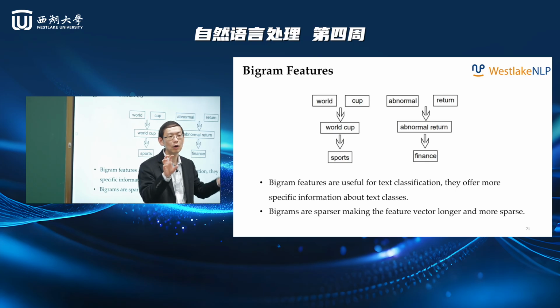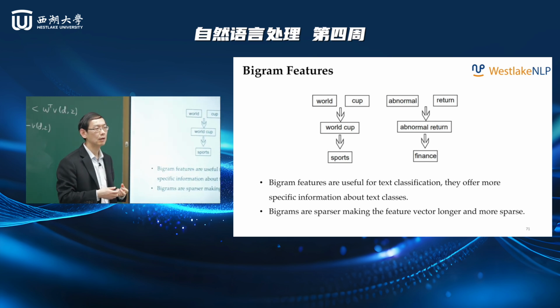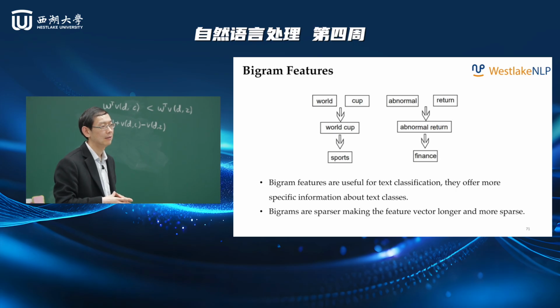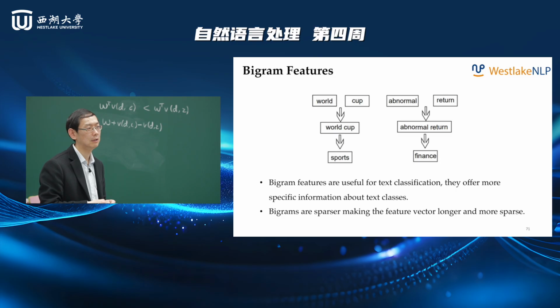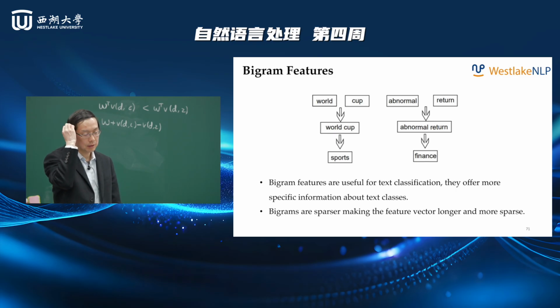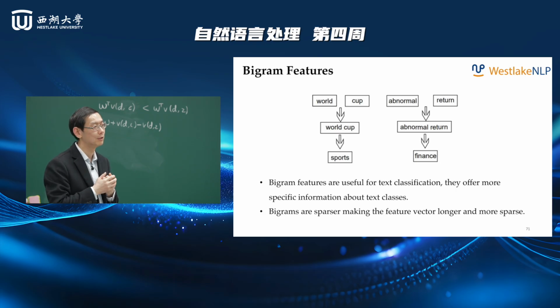But if I tell you World Cup, it's sport news, right? This is a bigram. So bigrams can be stronger features than unigrams. Naive Bayes cannot integrate bigram patterns. Similarly, if I tell you return, or abnormal, you don't know what it is. But if I put them together, abnormal return, this is finance news, okay?